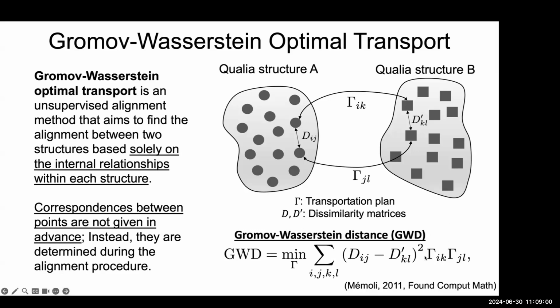Ignoring the mathematical details, what we need to do is try to minimize this quantity and find the optimal transportation plan, which is the optimal mapping between two structures, like which color should correspond to which color in the other structure.